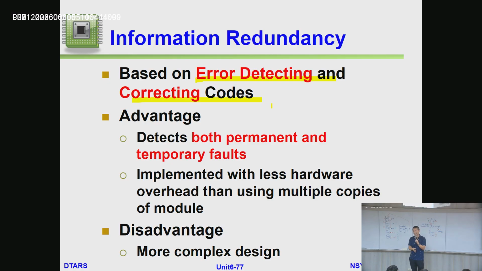At least I can let you know the ideas of ECC, because ECC is very widely used in our memories. And now you know the memory is very expensive, right? It is even more expensive if you buy memories with ECC, error correcting code.